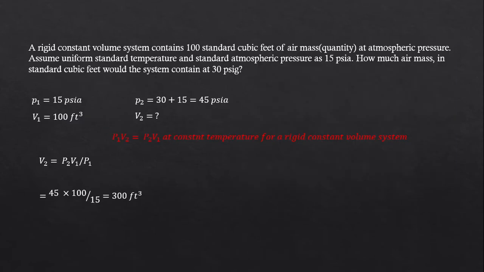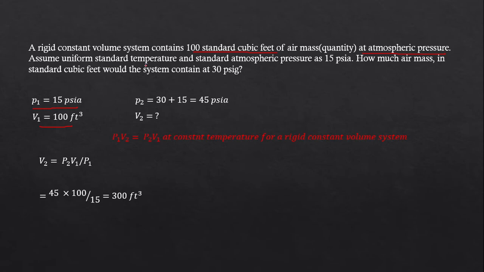Let's solve a problem, calculating the answer with what we have learned until here about gauge pressure, ambient pressure and temperature. A rigid constant volume system contains 100 standard cubic feet of air mass quantity at atmospheric pressure. As you see, 100 standard cubic feet is the volume at atmospheric pressure, which will be our P1 or first pressure.